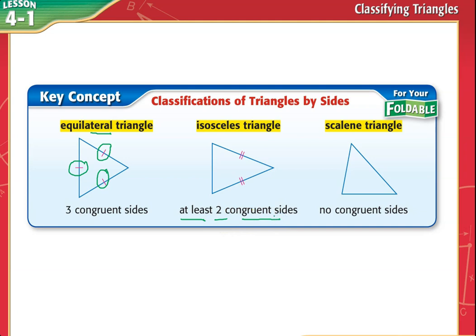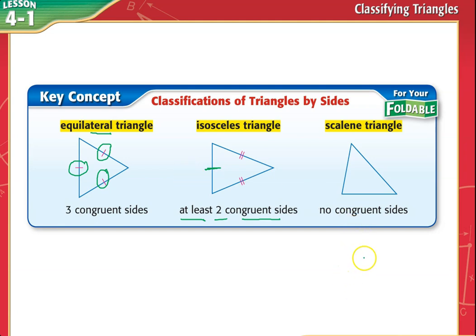Since it says at least two congruent sides, an equilateral is also an isosceles. But an isosceles triangle is not necessarily an equilateral, as we can see here, this side is not the same length as the other two.